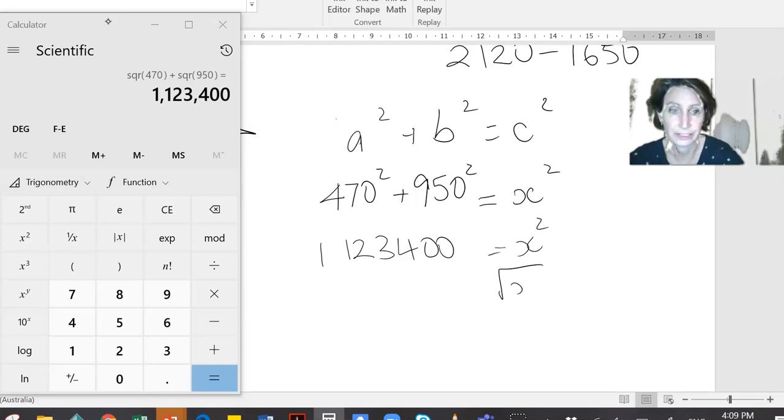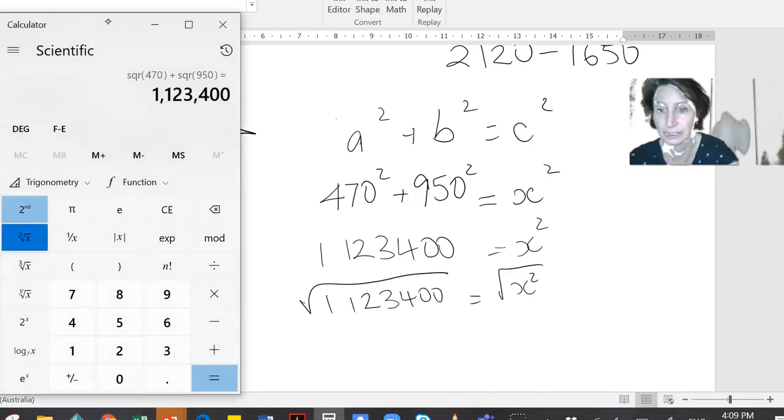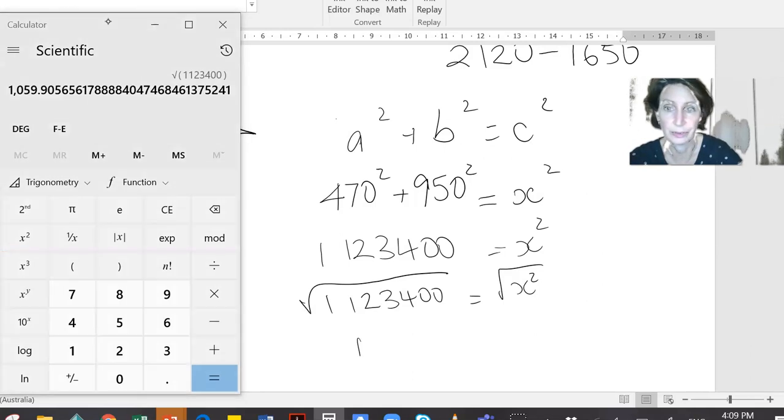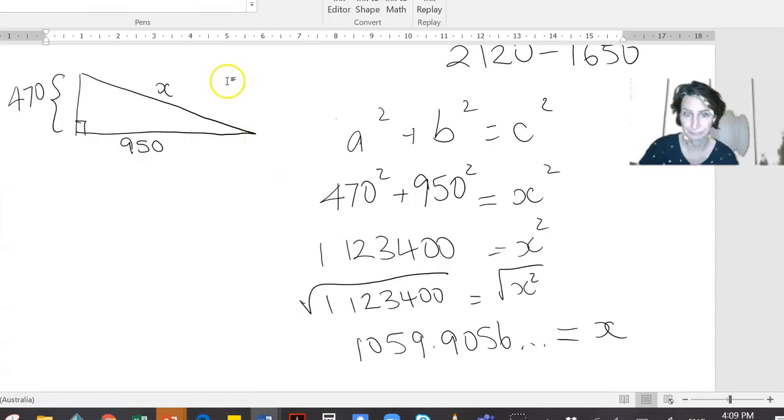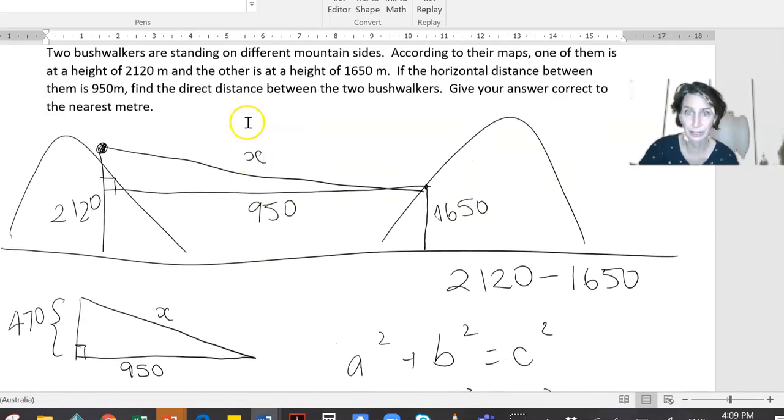All right, so now we need to take the square root of both sides. Here's my square root button, and I come up with 1059.9056 and a few more. Okay, so we've done our calculations. We now need to go back to our question and just reread it.